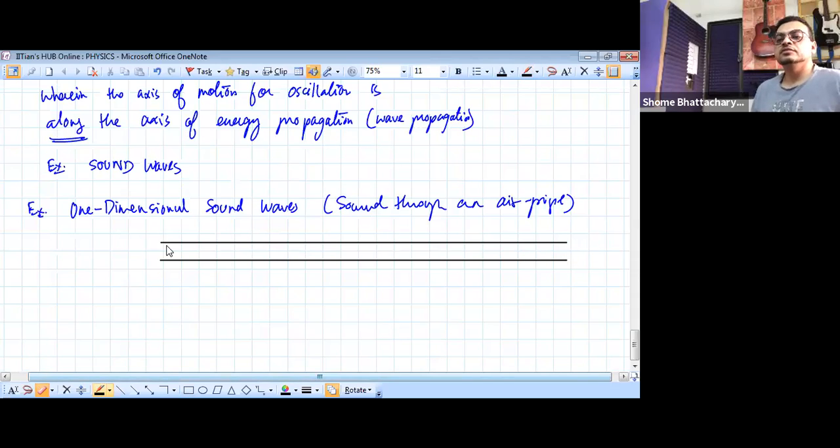We create a very long pipe. Infinity on this side. But here we have a source of sound, like a tuning fork. So this tuning fork, it vibrates back and forth like this.